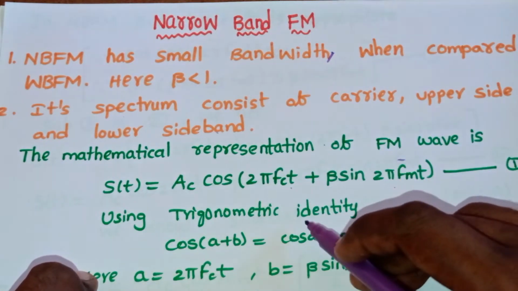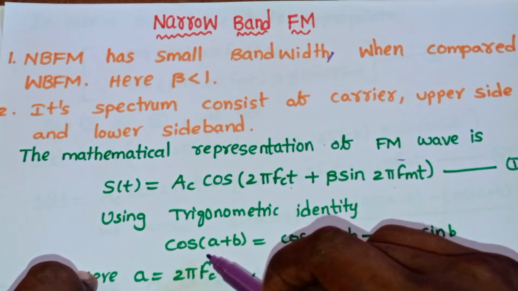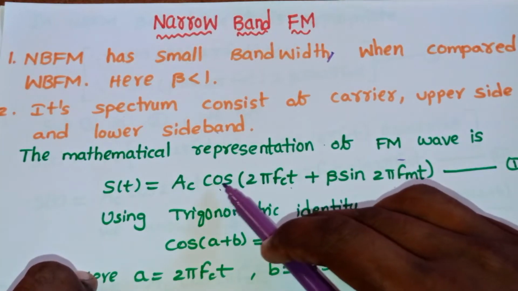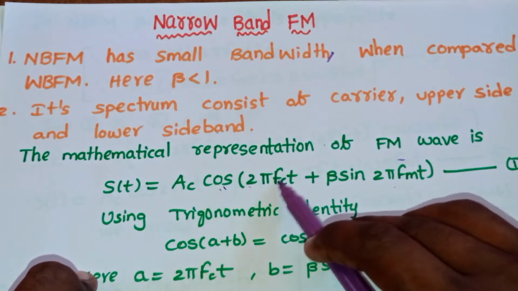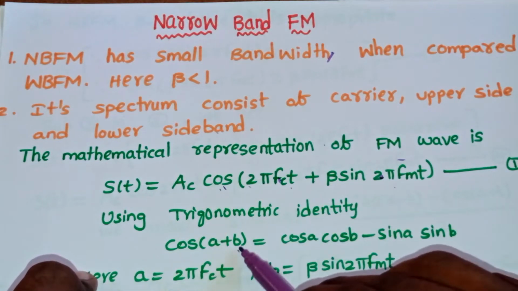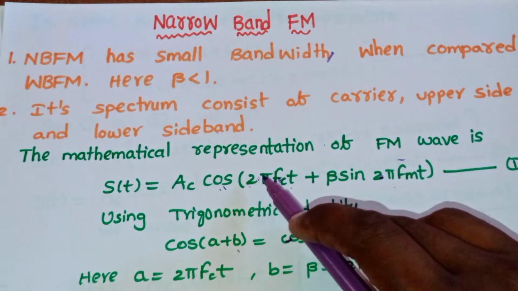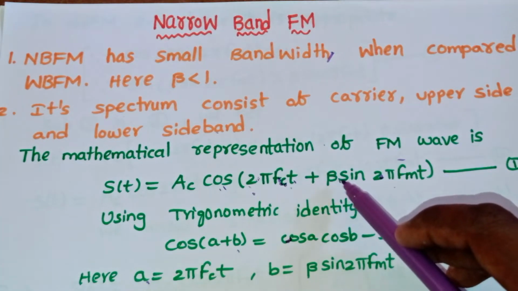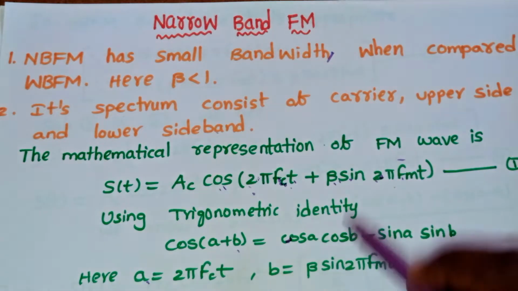Here, by using the trigonometric identity, that is cos of A plus B is equal to cos A cos B minus sin A sin B, we can take A as 2 pi fc t and B as beta sin 2 pi fm t.